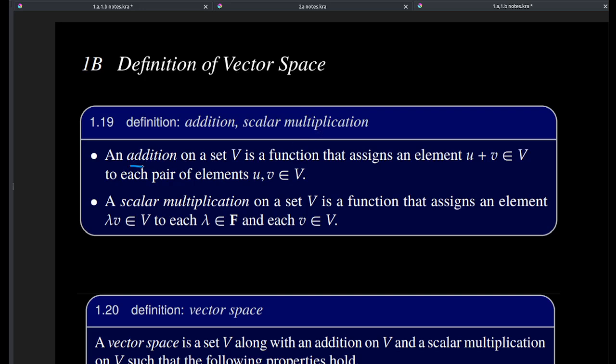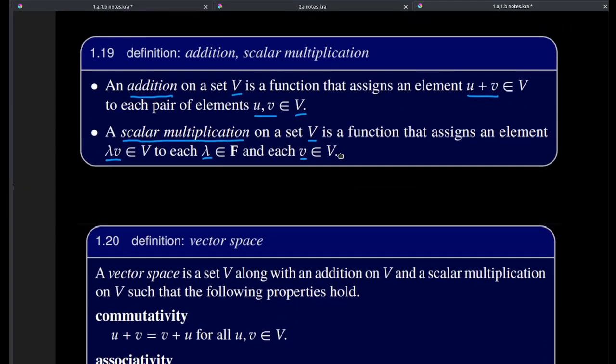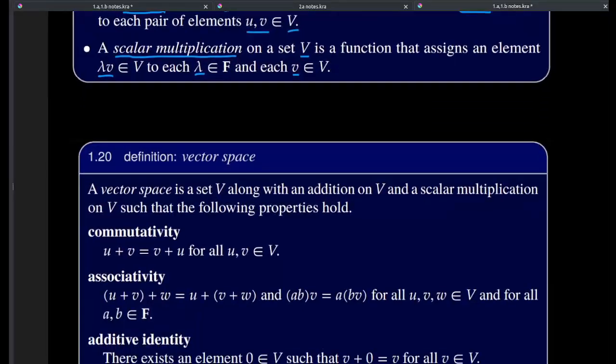So we'll talk about an addition on a set V. This is just a function that assigns an element, which we'll express as u plus v, to each pair u, v in V. Okay. Then there's a scalar multiplication. It's just a function that assigns an element lambda v to each lambda in the field and v in the set V.